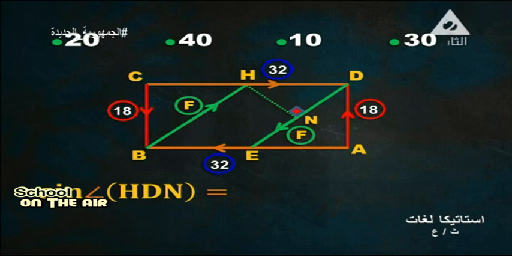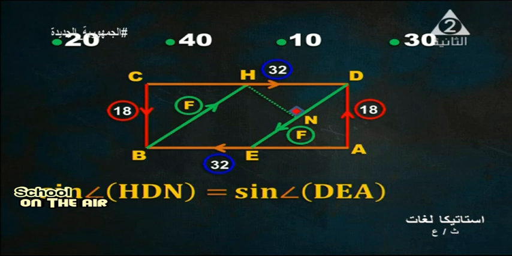Remember, my dear student, to calculate the distance between the two forces F and F, we draw HN perpendicular to ED. Angle HND is a right angle, but the sine of HDN equals the sine of DEA. Why? Because CD is parallel to BA, by using alternate angles.